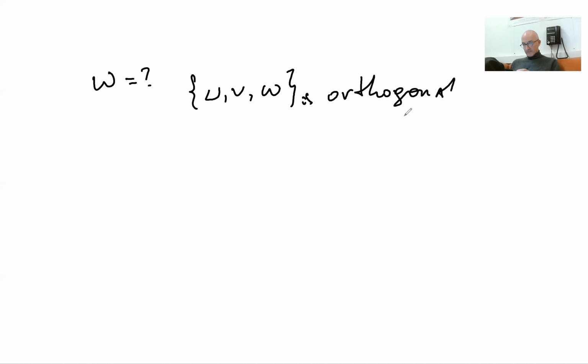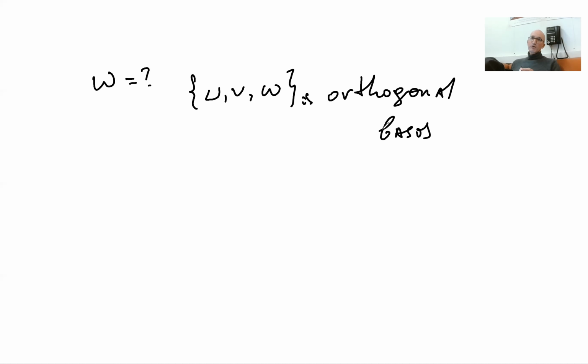Let's do part D. Does there exist a vector w such that u, v, w is an orthogonal basis? An orthogonal basis is a basis consisting of orthogonal vectors.